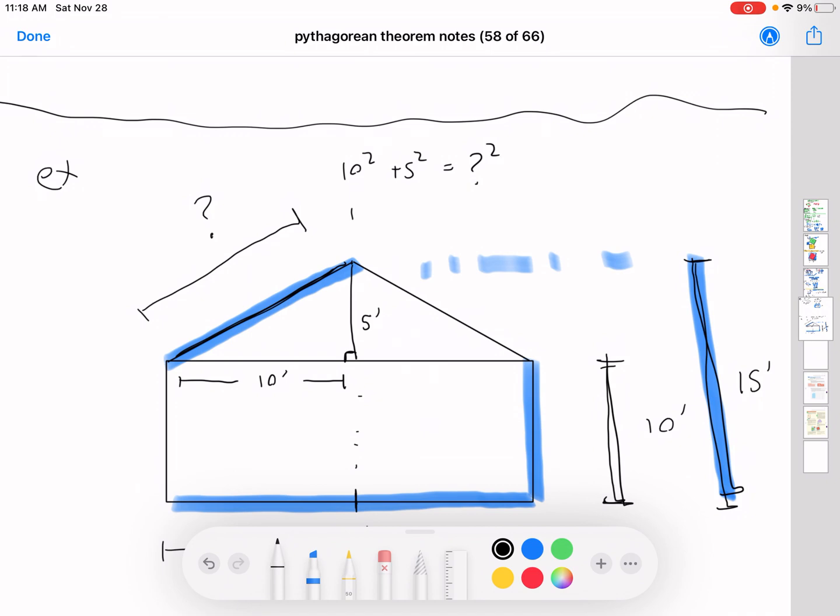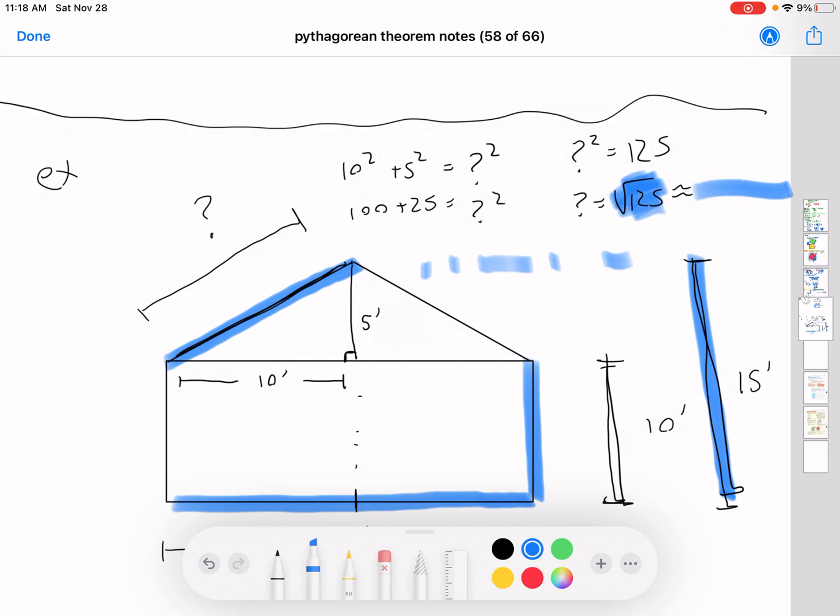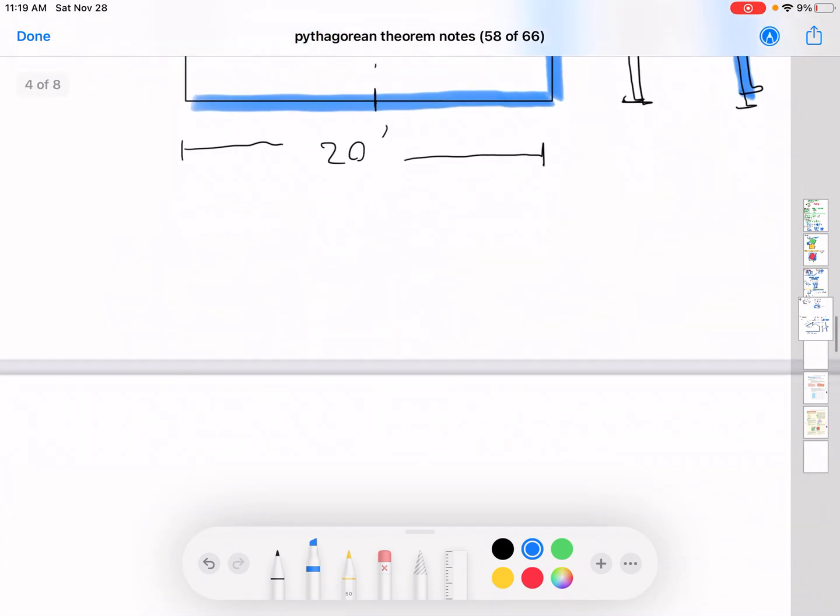So that's 100 plus 25 equals question mark squared. So question mark squared is 125, or that distance is the square root of 125, which is an exact answer, perfectly fine for this course, but if you actually wanted to cut this board, maybe you'd need a calculator to come up with a decimal approximation.